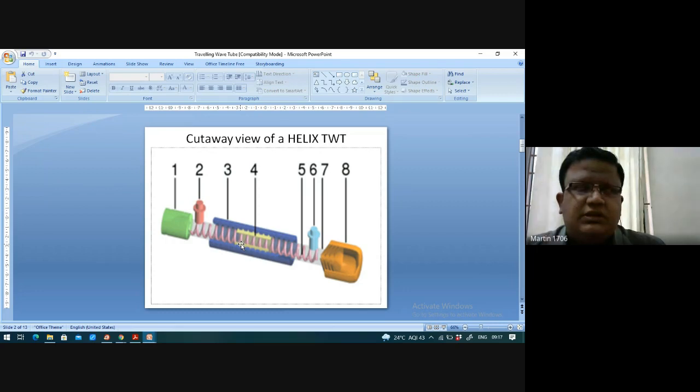Whenever potential is applied to this type of conducting element, it gets magnetized. When the electric field is down or zero, then the magnetic field also becomes zero. So that is called the magnetic field.